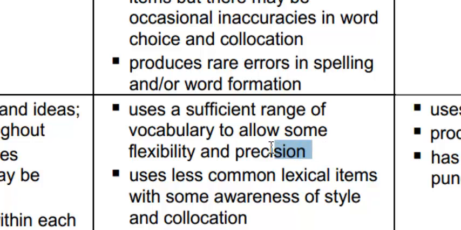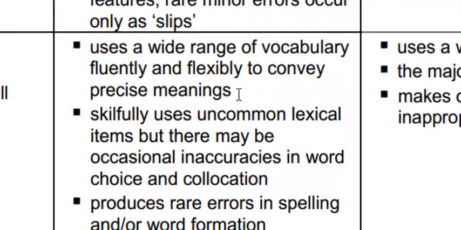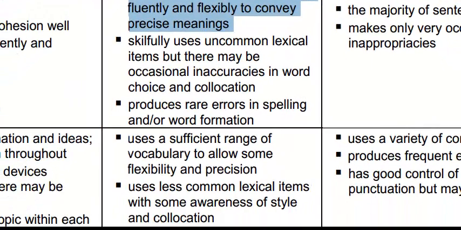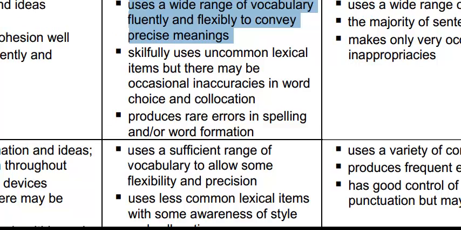Whereas if we compare this to band score 7, which reads uses a sufficient range of vocabulary to allow some flexibility and precision, and band score 8, which reads uses a wide range of vocabulary fluently and flexibly to convey precise meanings, you can see very clearly that there is a difference in how this vocabulary is used and the number of words available to the writer to be used to convey the intended message.